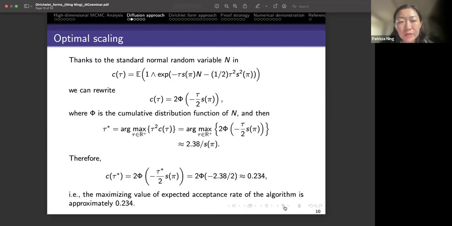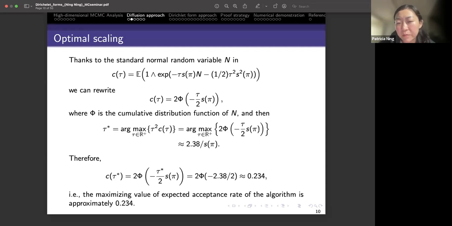Thanks to the standard normal random variable N in this form of C(tau), we can write C(tau) in another way: 2 Phi of negative one half tau s_pi, where Phi is the CDF of the standard normal. Then based on that, we can solve for tau star. This is the optimizer, the argmax of tau squared C(tau), which is equal to the argmax of 2 Phi, just plugging in this form.